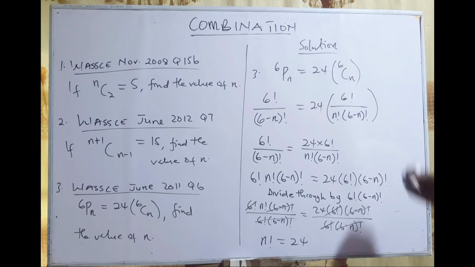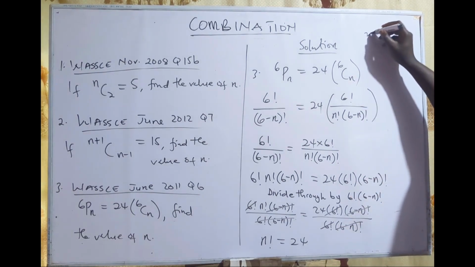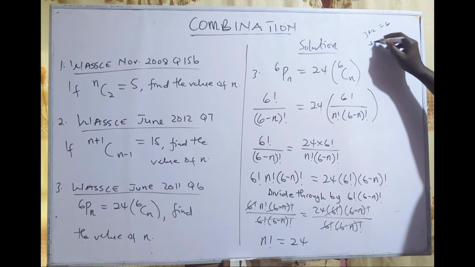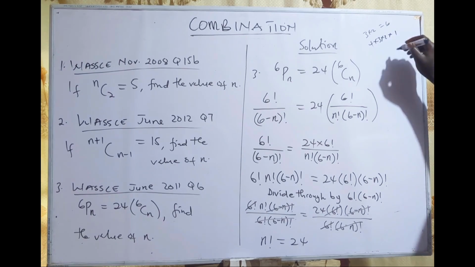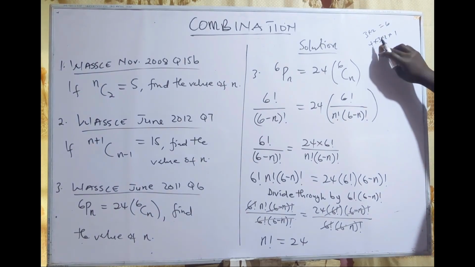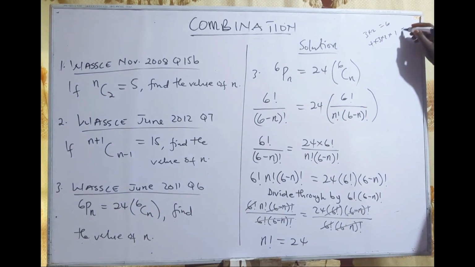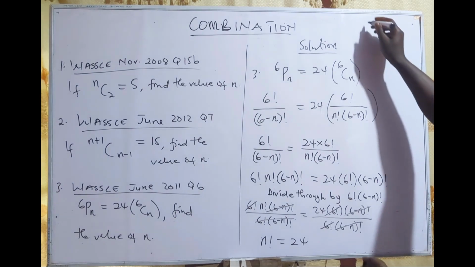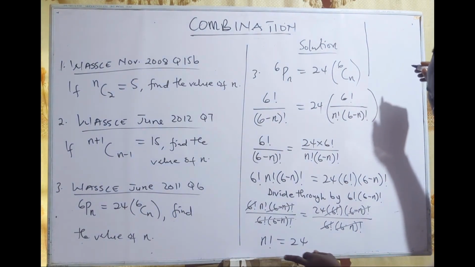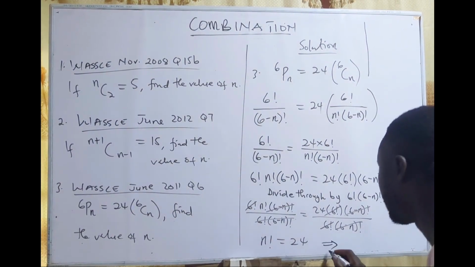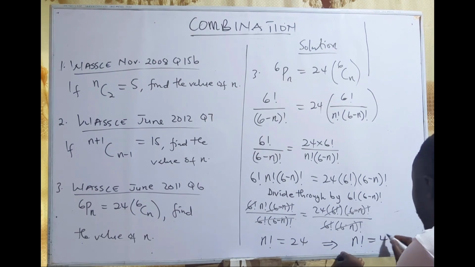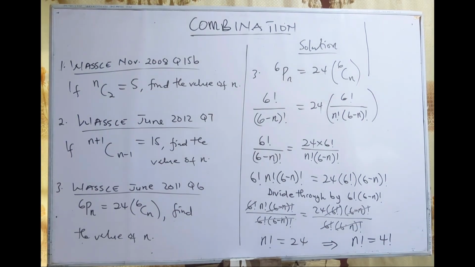So if you mean to use 2 factorial is 2, 3 factorial is 3 times 2, that will give me 6. 4 factorial, 4 times 3 times 2 times 1, 4 times 3 is 12, 12 times 2 is 24, times 1, 24. So 4 factorial. It implies that our n factorial is equal to 4 factorial.